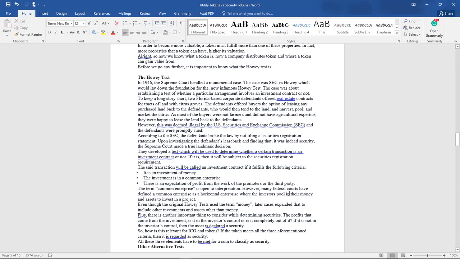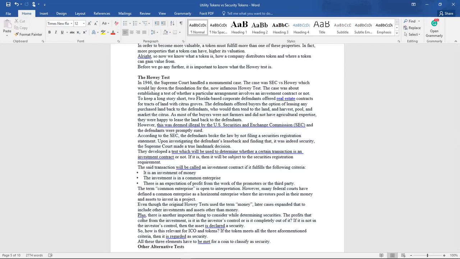However, many federal courts have defined a common enterprise as a horizontal enterprise where investors pool their money and assets to invest in a project. Even though the original Howey test used the term money, later cases expanded that to include other investments and assets other than money. Plus, there is another important thing to consider while determining securities.